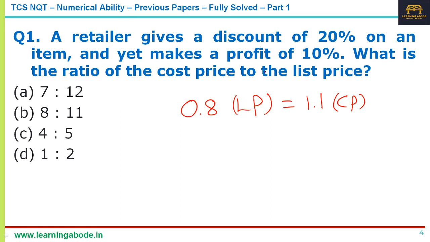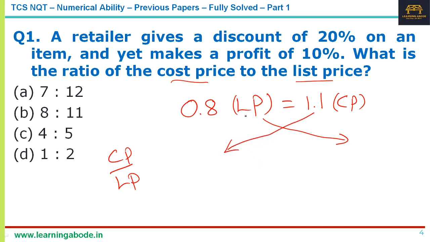Now, what is asked? The ratio of cost price to list price. So I want the ratio of cost price to list price. This cost price part I can keep as it is. I just want to bring the list price down, and this 1.1 I should bring to this side. So now I can write cost price by list price is equal to 0.8 by 1.1.